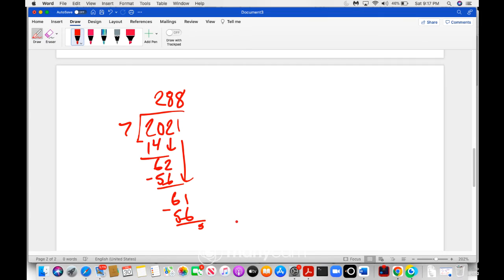So what we got was 288, which doesn't quite cut it. If I go 288 hops, that would get me to 2016. But I'm still 5 away from my goal, 2021.